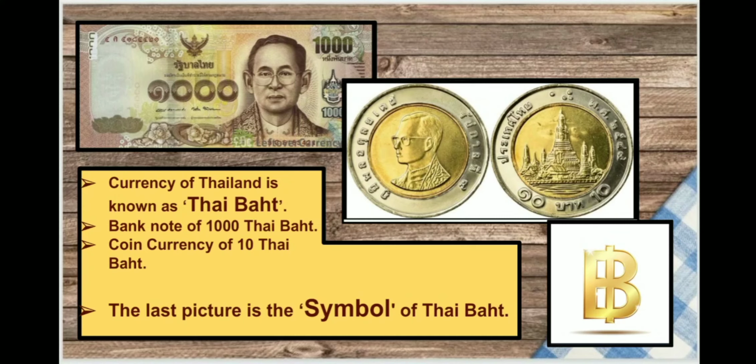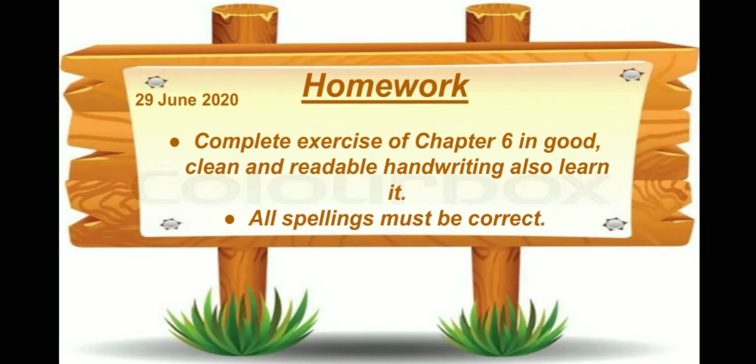And in the third last picture, it is the symbol of Thailand currency, Thai baht. So, chapter 6 is completed. I hope this video helps you to know more about the country, capital, flag, map and currency.